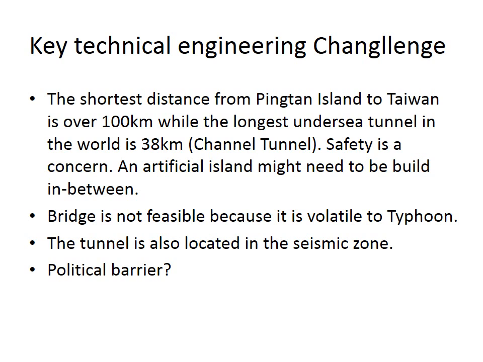If the typhoon is coming, there will be a big influence on the bridge, and the bridge might not be stable to support a high-speed railway which is running at 200 or 300 kilometers per hour. And thirdly is that the tunnel is actually located in the seismic zone. I will discuss it later in the next slide in detail.